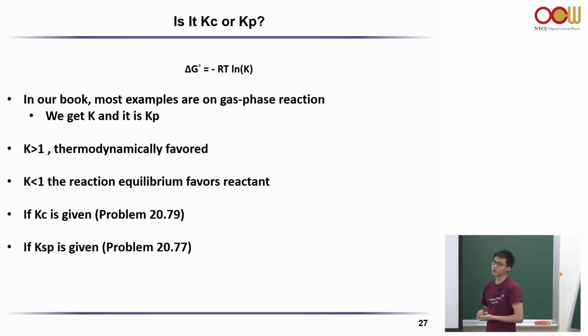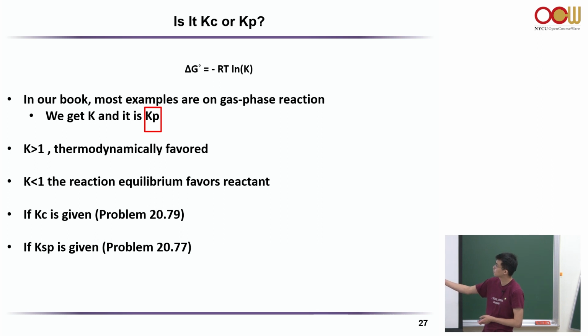In our book, if you pay attention to the examples, they all talk about gas phase reactions, because that's what thermodynamics likes to talk about. In thermodynamics, we care about the expansion of gas and how that can do work for us, right? We care about how an increase of entropy can make our reaction thermodynamically favored.